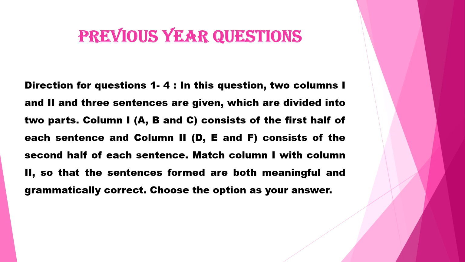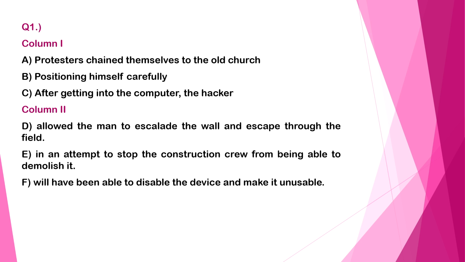Column 1, A, B and C consist of the first half of each sentence and column 2, D, E and F consist of the second half of each sentence. Match column 1 with column 2 so that the sentences formed are both meaningful and grammatically correct. Choose the option as your answer. Fine. So, here's the first question. Try solving it.